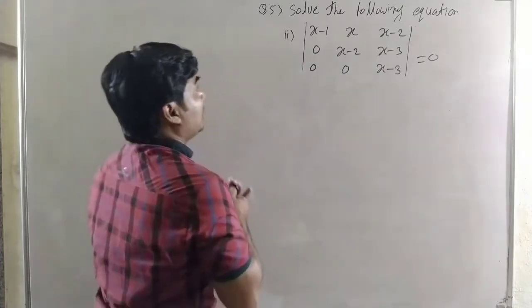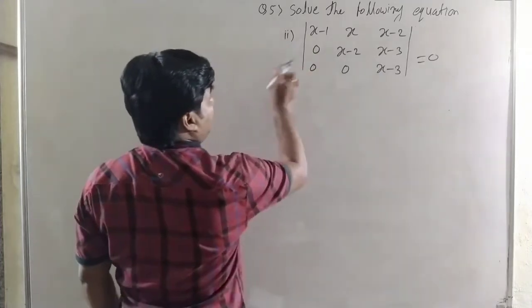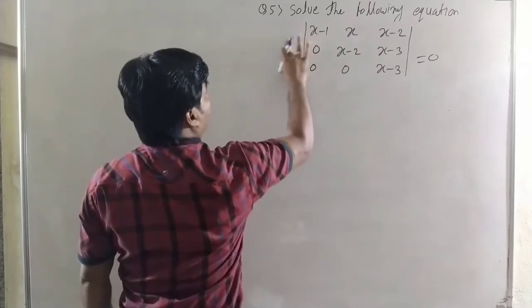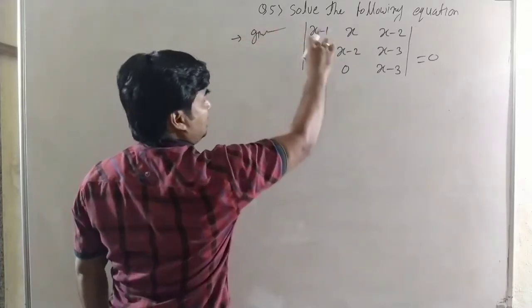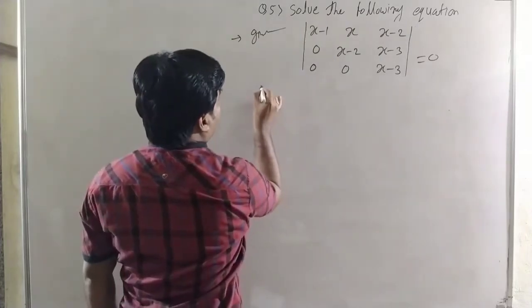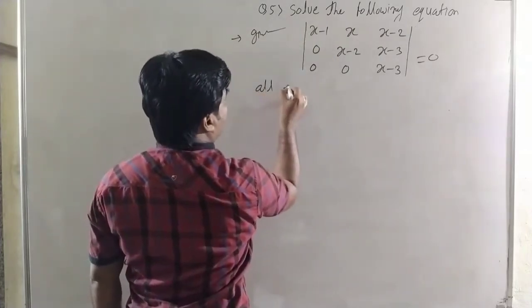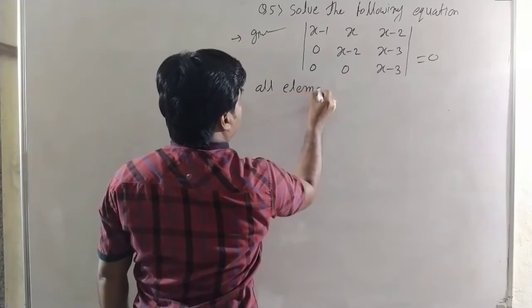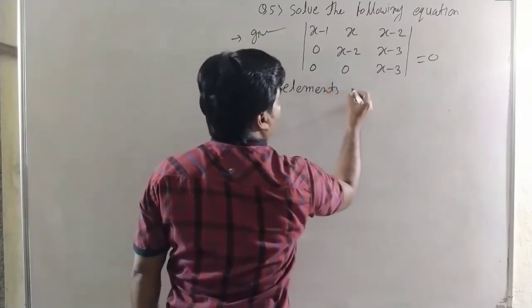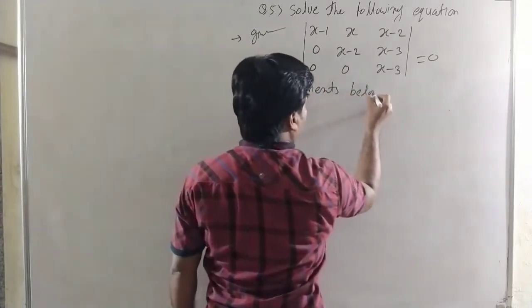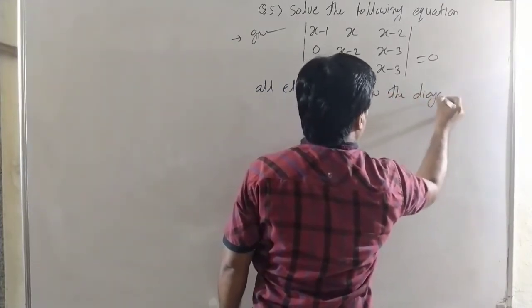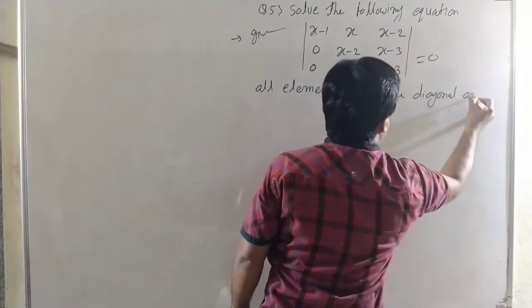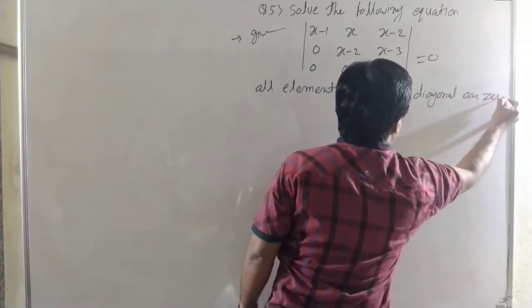Now here it is the second example, the question. Now for the solution, it is given that all elements below the diagonal are 0.